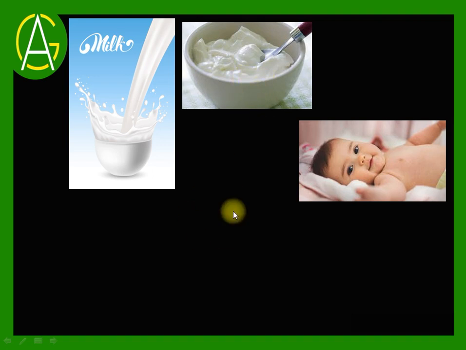So other uses are reduced. When other uses are reduced, the demand for milk will also be reduced because it has become more expensive. So again the law of demand is applied. When the price is increased, the demand is decreased.